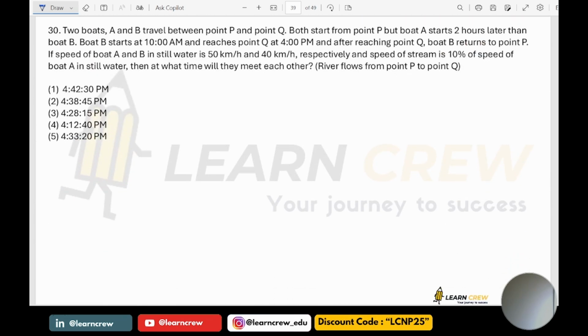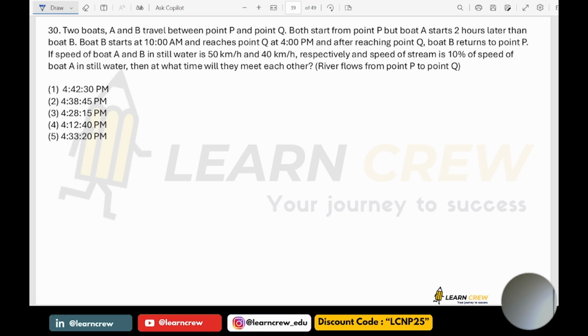Two boats A and B travel between P and Q. Both start from P, but boat A starts 2 hours later than boat B. Boat B starts at 10 a.m. and reaches point Q at 4 p.m. And after reaching point Q, boat B returns to point P. If the speeds of boats A and B in still water are 50 and 40 respectively, and the speed of the stream is 10% of the speed of boat A in still water, at what time will they meet each other?